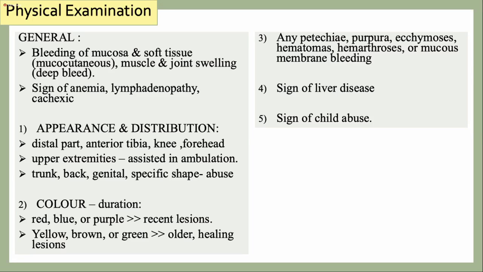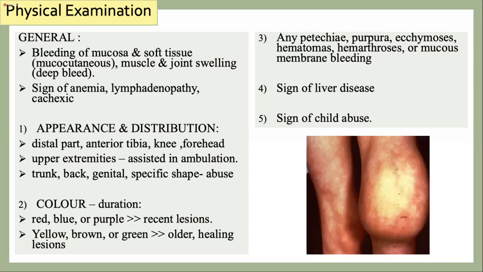Other than ecchymosis, we need to look for other signs of petechiae, purpura, hematoma, hemarthrosis, or other sites of bleeding. Later I will talk about how to differentiate these types of manifestation. And then we need to rule out any signs of liver disease or any other signs of child abuse.